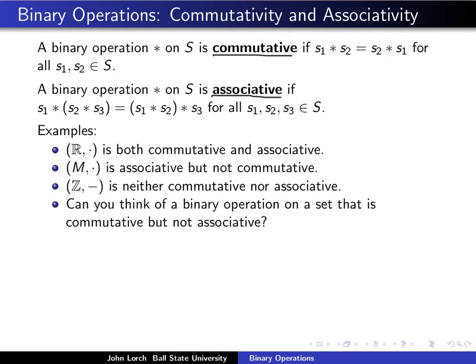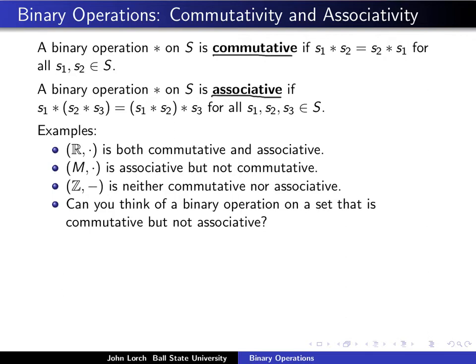So here below now we have several examples. The first is just the ordinary real numbers with binary operation multiplication. And that we know from long experience is both commutative and associative. Multiplication on the real numbers doesn't matter what order you multiply in, and the groupings that you form in a multiplication don't affect the outcome.